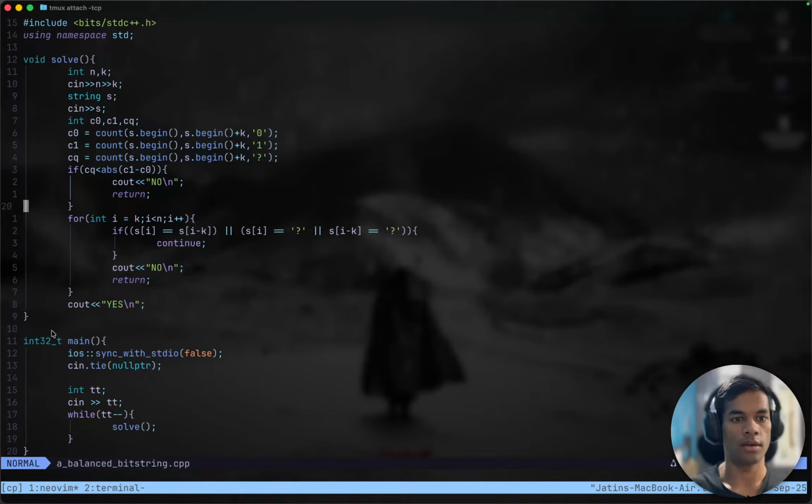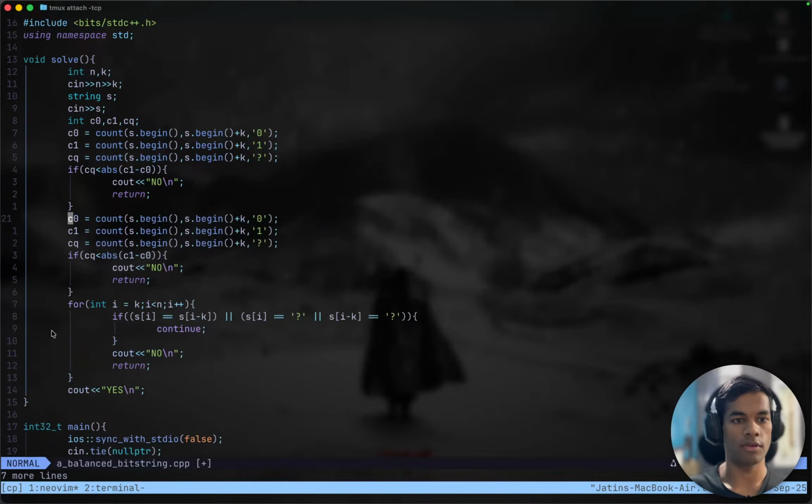So here we are checking for the first subarray, then we will check for the last subarray whose beginning index is going to be s dot end minus k plus 1, and the end index is going to be end, because end is not included.